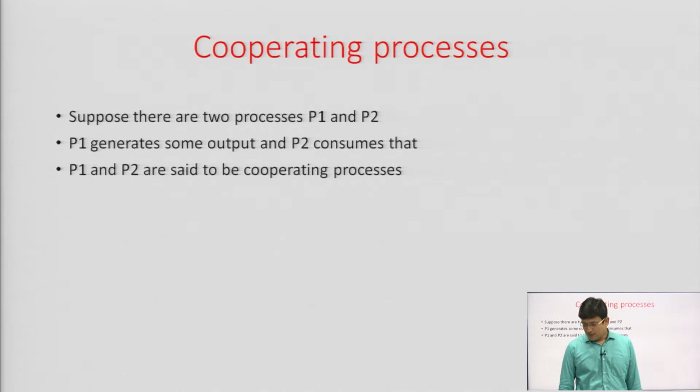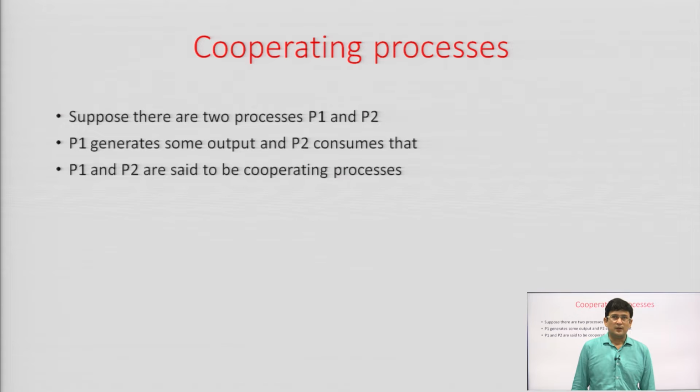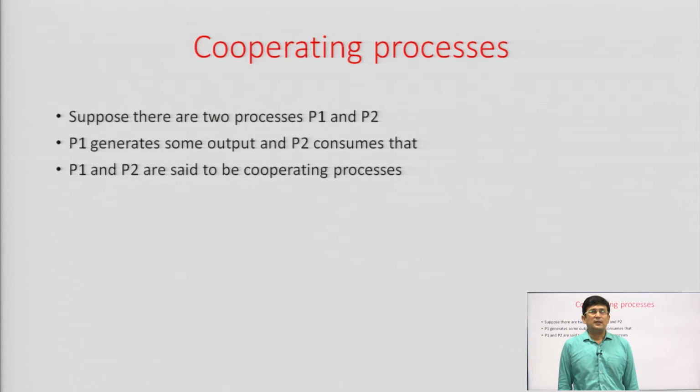To start with, let us have a quick recap of what we discussed last time. There are two processes P1 and P2. P1 is generating some output and P2 is consuming that output. In that case, there should be a synchronization between P1 and P2.